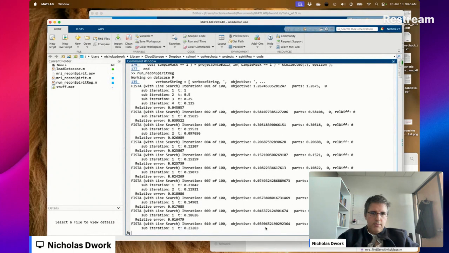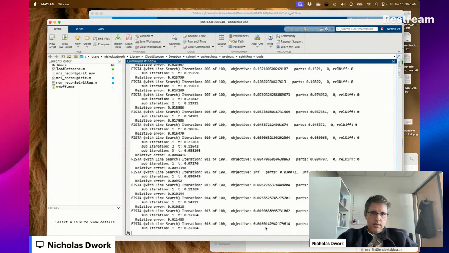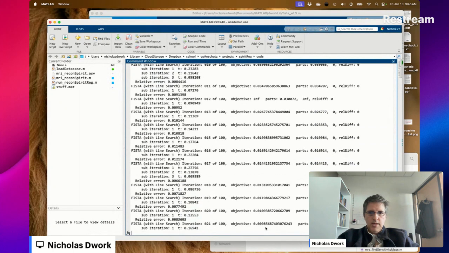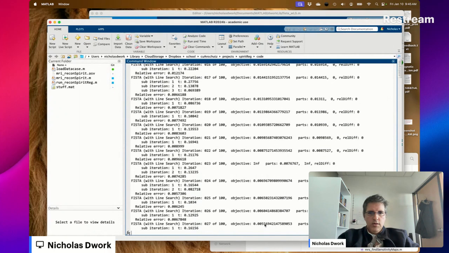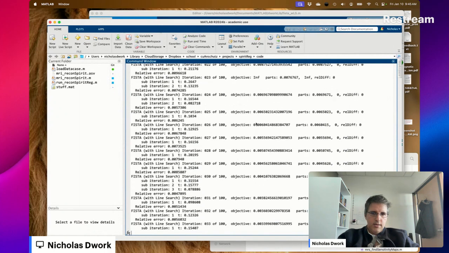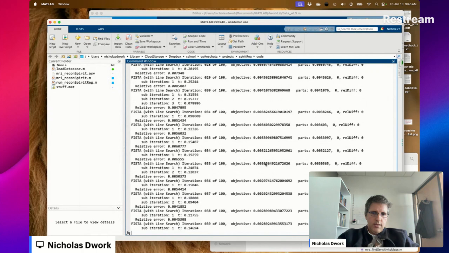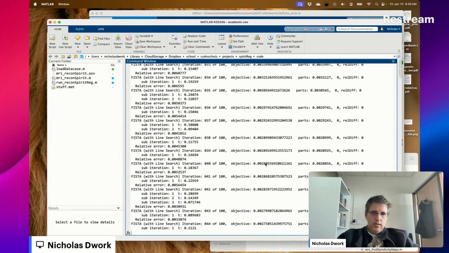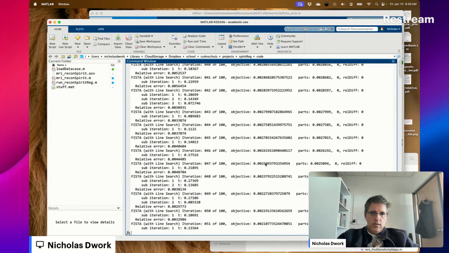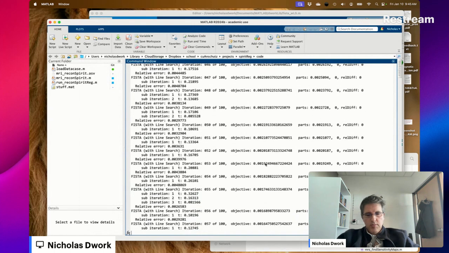And now the objective is not infinity. Seems to be going down. Oh no, the objective got to infinity. It should never do that. Might have been due to numerical imprecision.